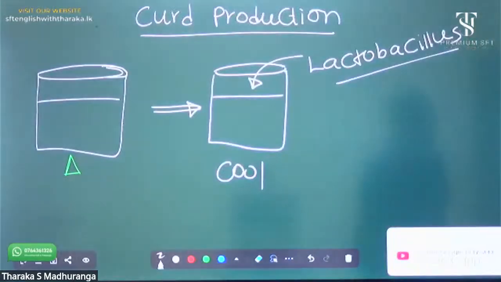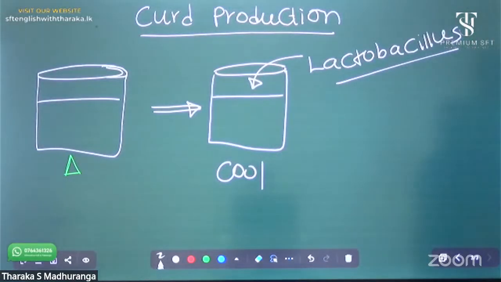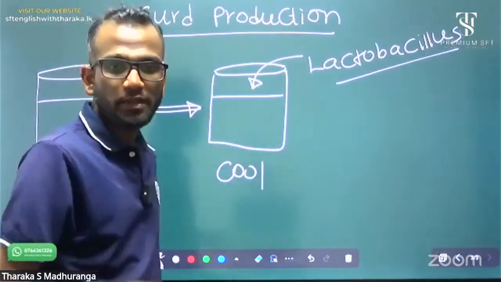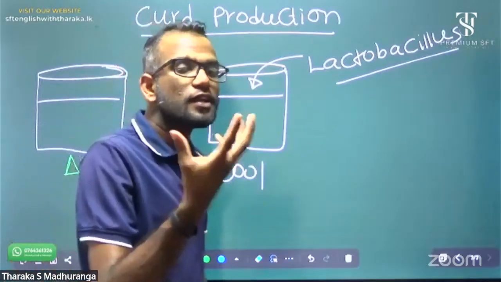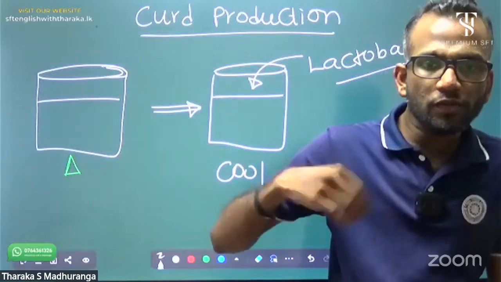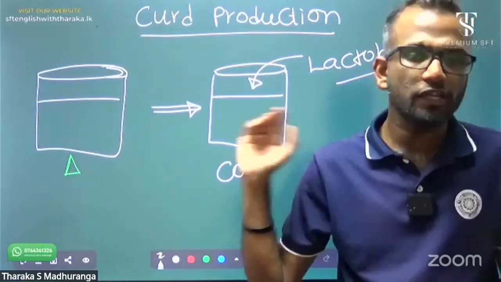Yes, adding a spoon, normally 50 milliliters, of already produced curd sample. Then it contains enough lactobacillus bacteria. Then we can mix this and keep it for incubation.